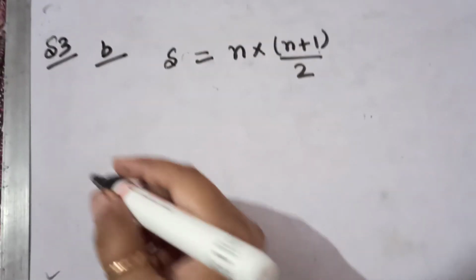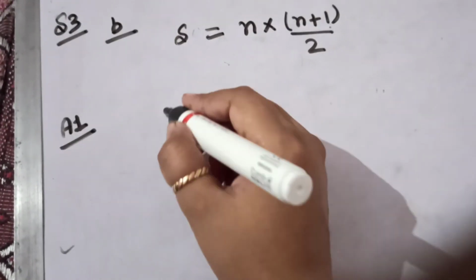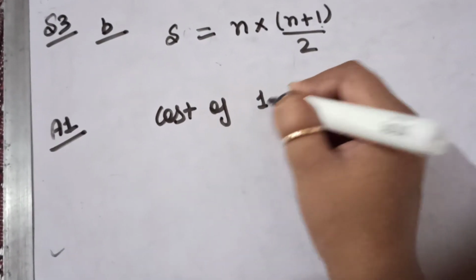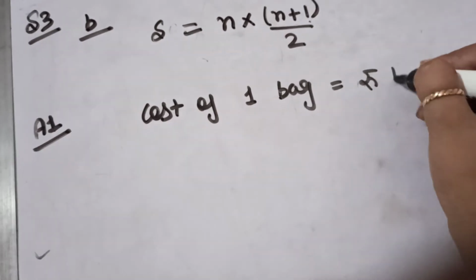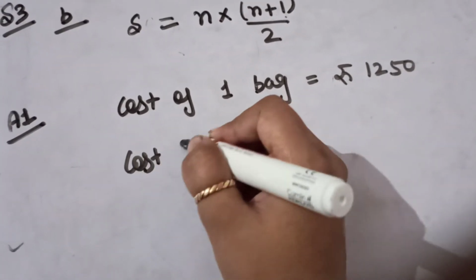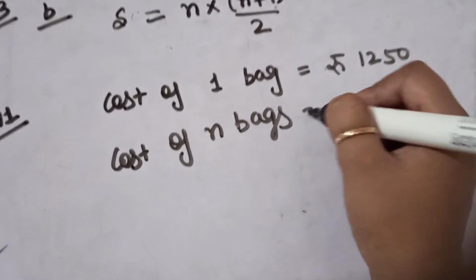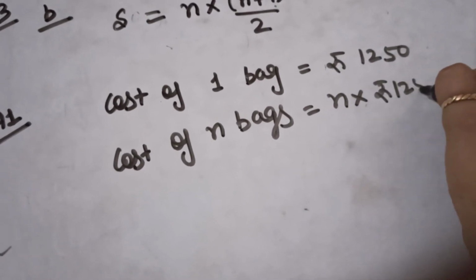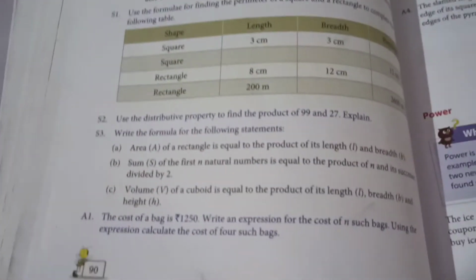Now for this, see, you can write like this also: cost of one bag, how much? Rupees 1250. They are asking for cost of n bags. So it simply means n multiply rupees 1250. Clear?